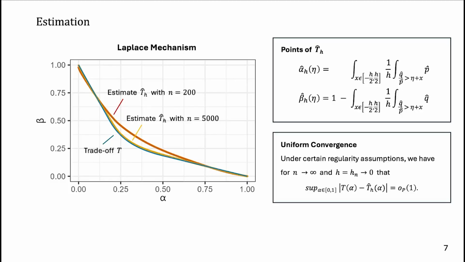And we see right away that this curve almost overlaps with the true trade-off function T, which speaks to the approximation of our estimator. We also note that sample sizes of n equals 200 and n equals 5000 are rather moderate in black box estimation. And we are therefore quite happy with the performance of our estimator T-hat.